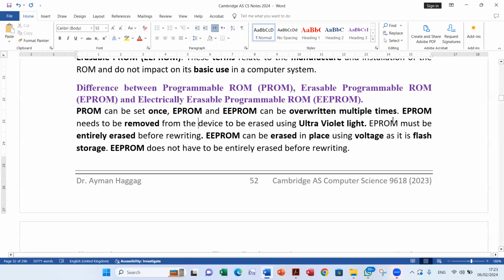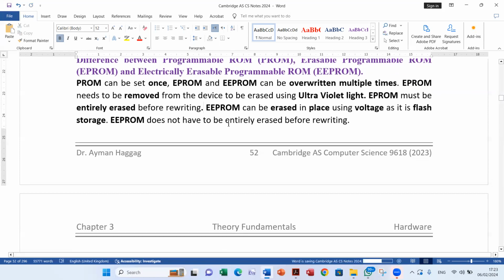Also, erasable programmable ROM must be entirely erased before being overwritten. Electrically erasable programmable ROM can be erased in place using voltage as it is flash storage. Actually, it became the solid state drive. EEPROM does not have to be entirely erased before being rewritten. That discussion was in a very recent exam.